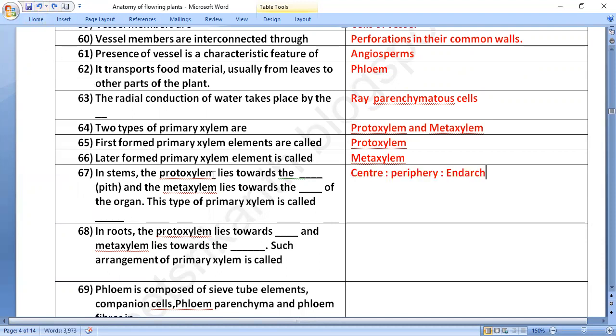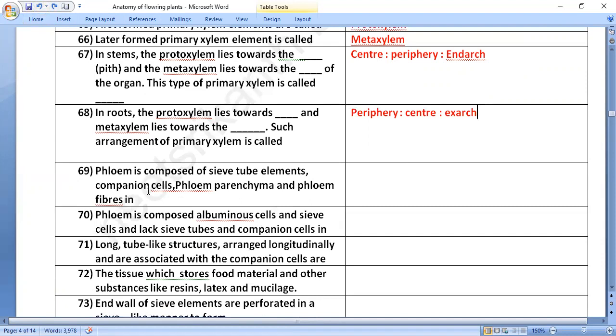In roots, the protoxylem lies towards the periphery and the metaxylem lies towards the center, and such an arrangement of primary xylem is called exarch.